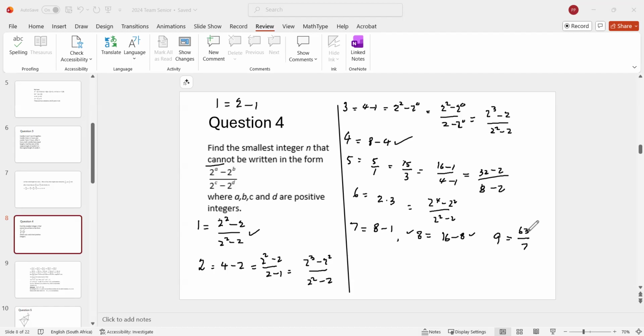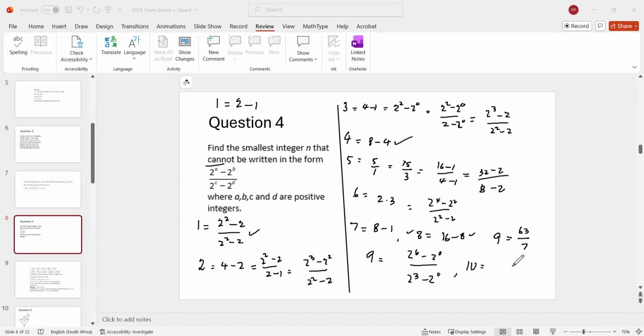This is 1 unit away from 64, and this is 1 unit away from 8. So if you take 9, 9 is 64 minus 1. That's 2 to the 6 minus 2 to the 0. And this is 8 minus 1, 2 cubed minus 2 to the 0. And as usual, you just multiply numerator and denominator. 9 is taken care of.